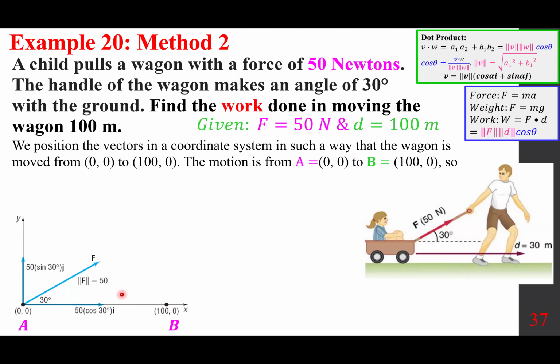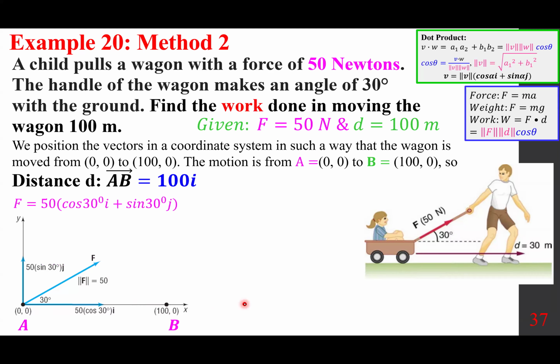And so the components, if you drop the perpendicular to the x-axis, 50 cosine of 30 degrees I, because this is 30 degrees. If you drop perpendicular to the y-axis, 50 sine of 30 degrees J, okay? So the distance, the vector AB, is 100I because it's in the positive direction of x.